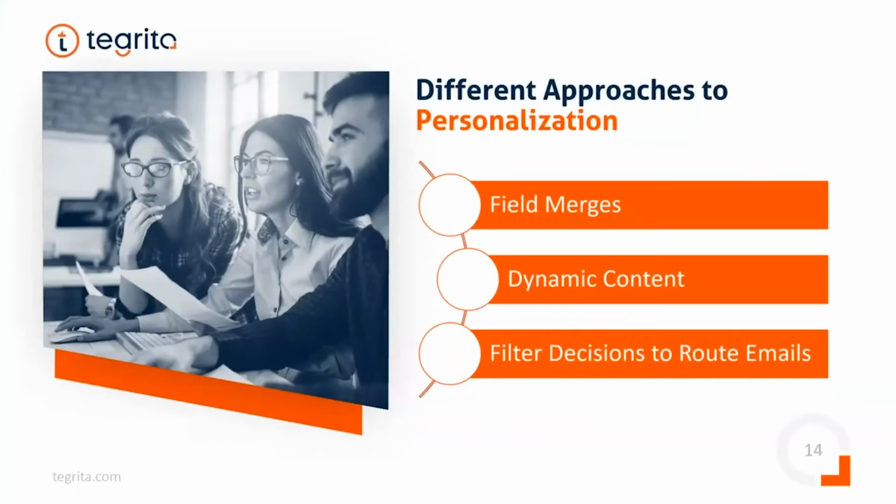So we're going to want to move a little bit beyond that into dynamic content, where you'll be able to actually swap in different pieces of content that are more relevant to your audience. But I also want to bring in this idea of using filter decisions within your campaign canvases to split up that group and send them in different directions. And so you could really get creative with these three different things. So let's go to the next slide.